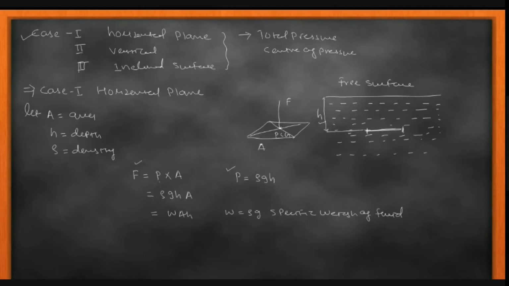It is very simple and easy to understand, because the plane is lying at the same height, meaning all the corners, A B C D, lie at the same height, and that's why there are no variations in the pressure. So uniform pressure forces act on the whole area, so we can easily resolve the force by applying P into A, that is rho g h into A, and it acts at the center of gravity, that is point P.